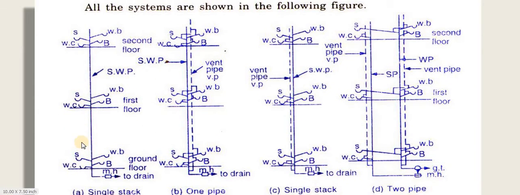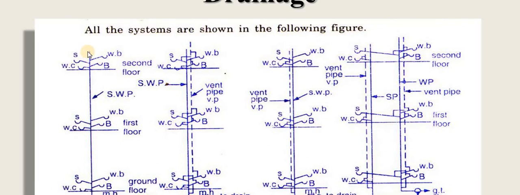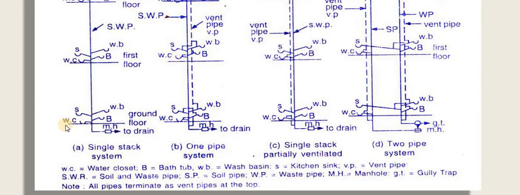So the first, point A, is the single stack system. Only one set of pipe is used, and it will carry the wastewater and sewage, and the ventilation will also take place through this single stack. What is WC? It shows the WC. What is B? Bathtub. What is WB?